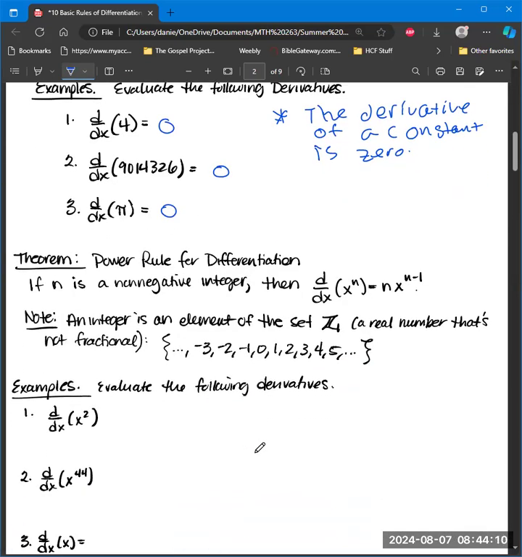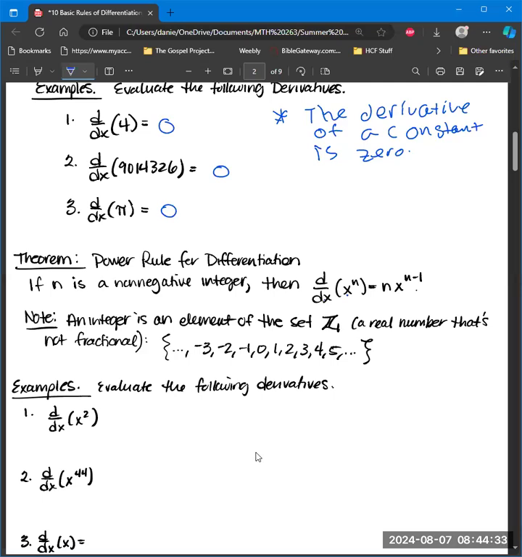So the power rule for differentiation is if n is a non-negative integer, then the derivative with respect to x of x to the n, notice this x and this x match each other, is n times x to the n minus 1. It's important that we're taking the derivative with respect to the variable that is the base here of this power function.